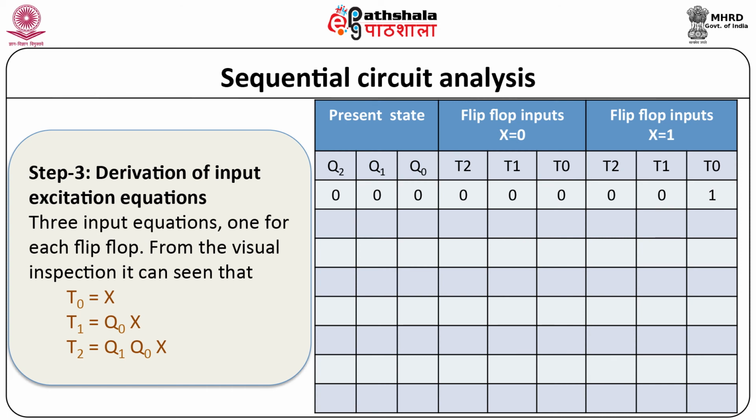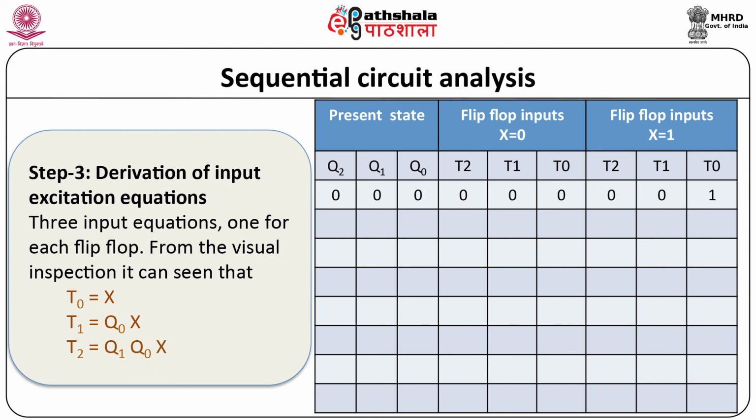Let us now obtain the flip-flop excitation inputs for each combination of present state and inputs. If present state is 0, 0, 0 and x is equal to 0, then the flip-flop inputs should be 0, 0, 0.